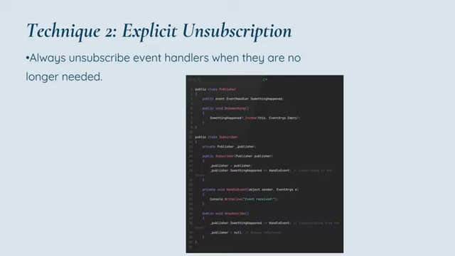If we don't unsubscribe, the publisher keeps a strong reference to the subscriber. So what's the solution? We create an unsubscribe method that removes the event handler and sets the publisher to null, ensuring the subscriber can be cleaned up properly. And remember, always unsubscribe in a Dispose method or explicitly call an unsubscribe function.